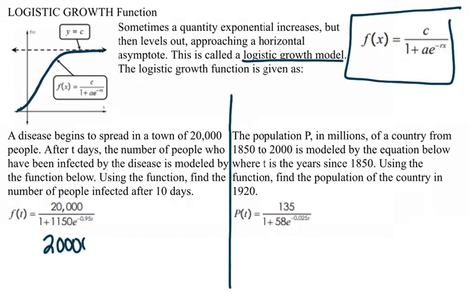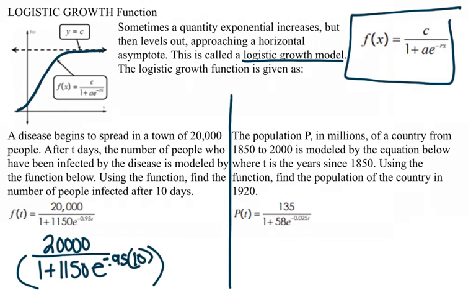So I have 20,000 divided by 1 plus 1150 e to the power of negative 0.95 times 10. If you're doing this all together, remember to put that bottom in its own separate parentheses just to keep the calculator knowing what goes on the bottom.